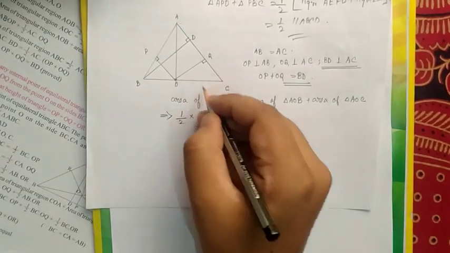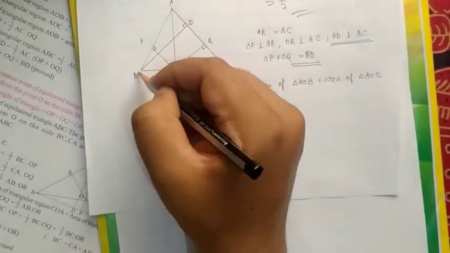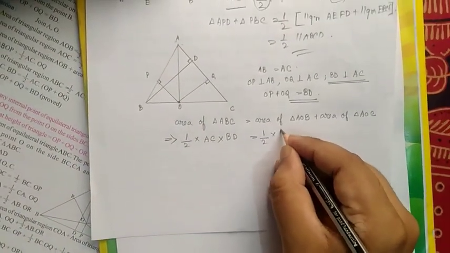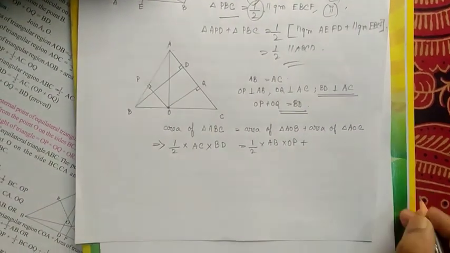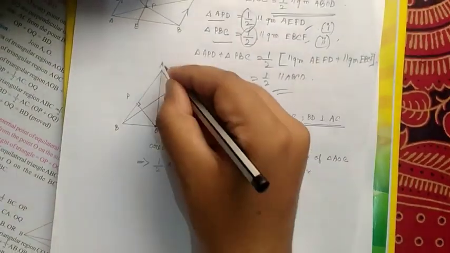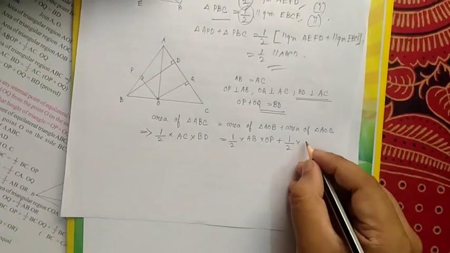Area of triangle AOB is half into base AB into perpendicular OP, plus area of triangle AOC, same here, half into AC into OQ, OQ being perpendicular to AC.